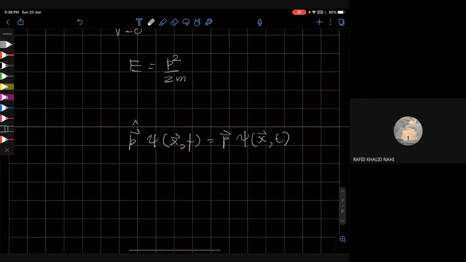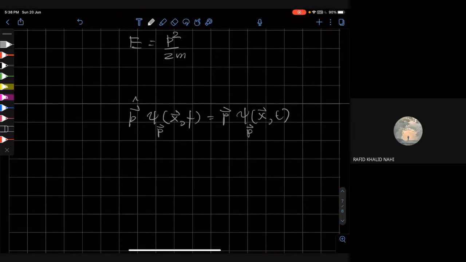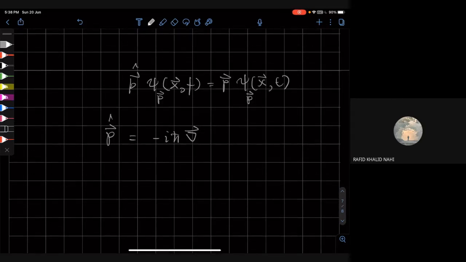So this is a context where the caret or the hat matters. Because it's an eigenstate, let me label that eigenstate by P, the eigenvalue. Then because P, the operator, is minus i h bar times the gradient, this can be easily solved.